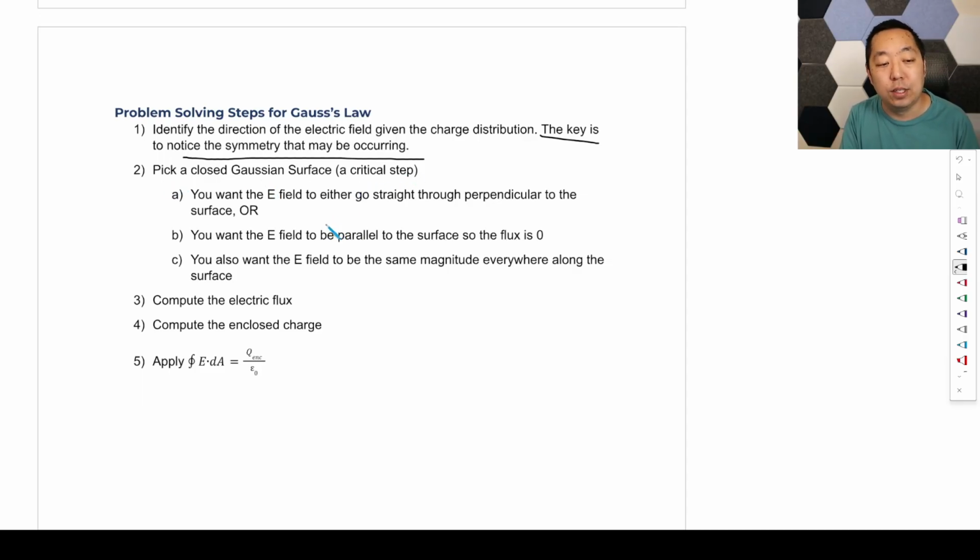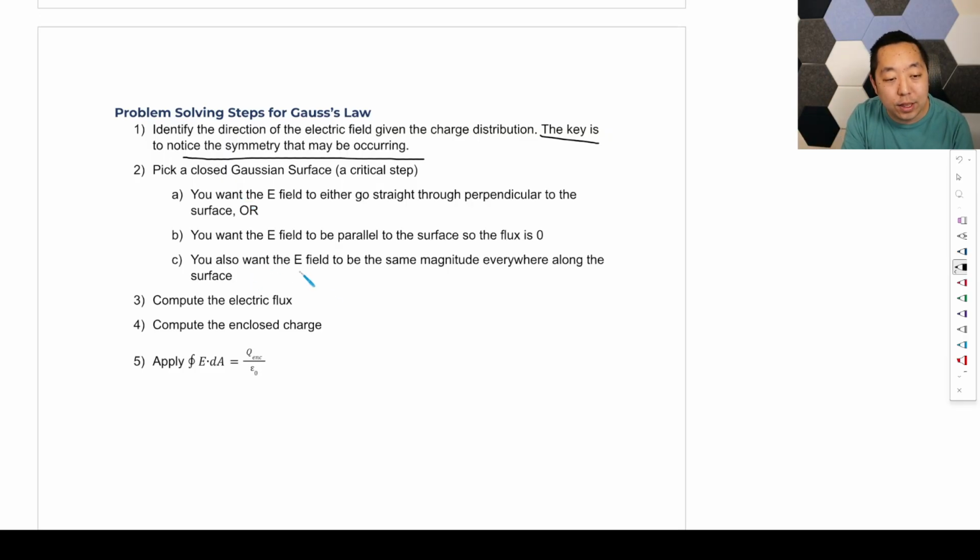This is really critical. In order for us to calculate the E field very effectively, we want the surface to either go parallel to the electric field so that the flux is zero, or we want the electric field to be perpendicular to the surface so that when you calculate the flux, you just multiply the electric field times the area.